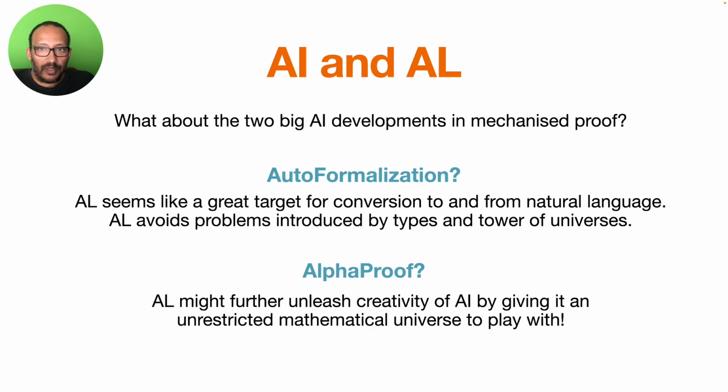What about AI and abstraction logic? I think the two big topics here, auto-formalization and what DeepMind did with AlphaProof, are actually very good news for abstraction logic as well. For auto-formalization, abstraction logic seems like a great target for conversion between logic and natural language.